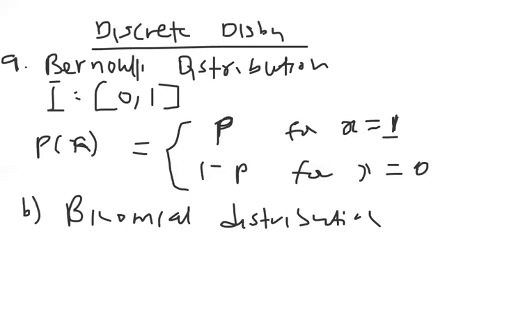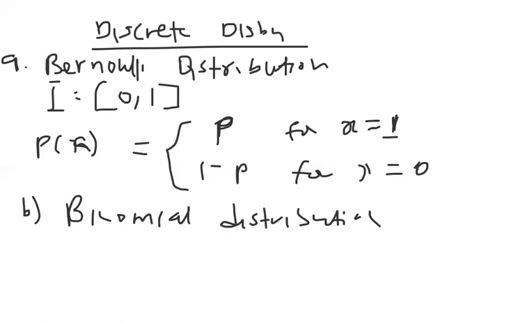So let's say you throw a coin. Your possible outcomes are either head or a tail. But this experiment is being performed more than one time. It can be 3 times, 5 times, 6 times. Okay.